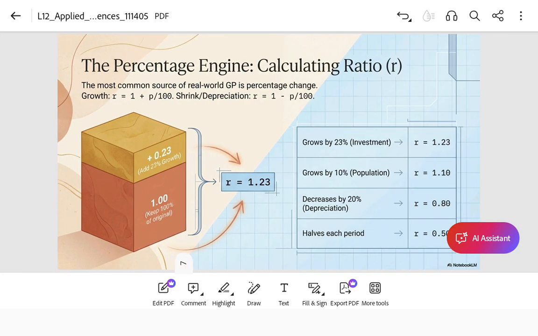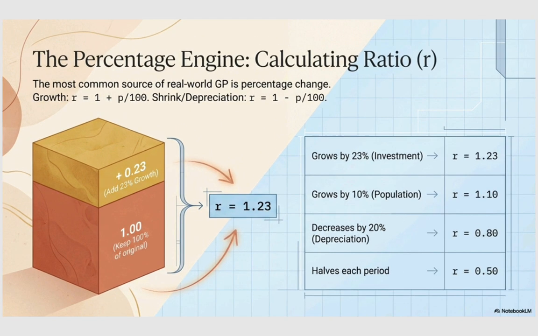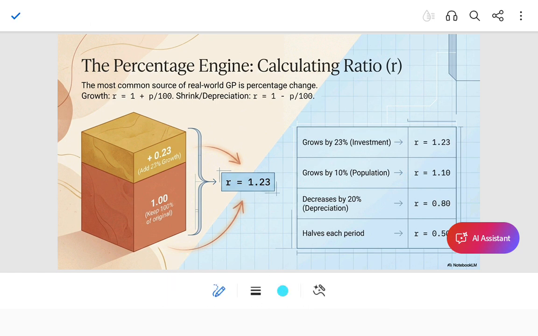Now, percentage. When you are calculating ratio, in real life application, we are talking about percentage growth. We are saying that to find the common ratio, we use 1 plus p divided by 100, where p is the stated percentage in the question.